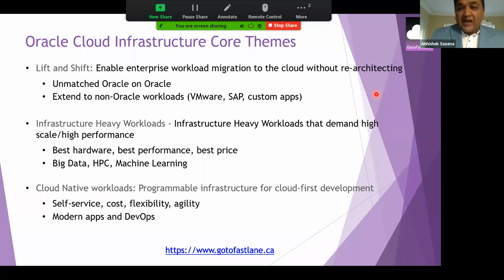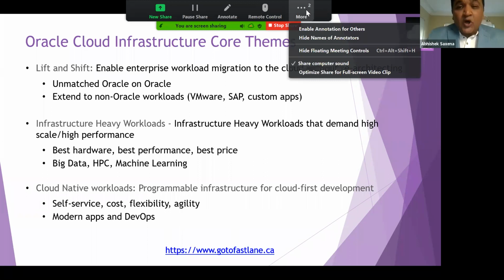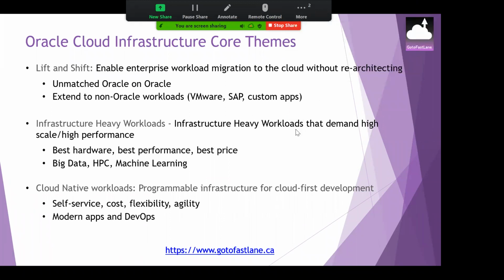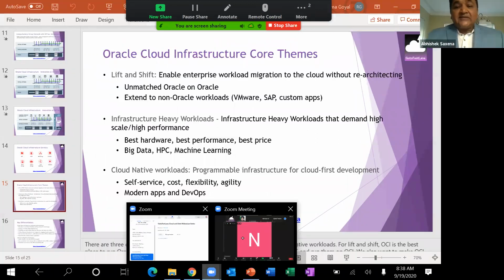You don't need to re-architect anything, as I already explained. This is the difference between IaaS, PaaS and SaaS. Whatever you are running in your on-premises environment, with the same IP, you can directly lift from on premises and post it on the cloud environment. That's lift and shift.